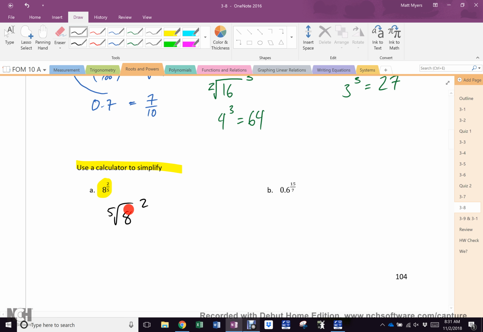Does everybody understand? So what would I do here? This is what is really happening, but this is a pain to put in my calculator. This isn't. What do I do to not simplify? What do I do to give me a better number there? Zach. Yeah. So you shift and you get the power key.